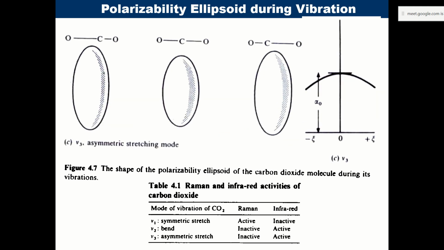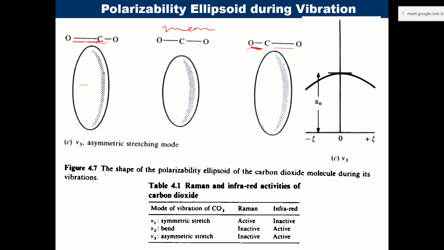The third one is the asymmetric stretching. Again, this is the mean position. Then you stretch it along this direction; the bond length increases, while the other one is getting compressed. So overall, the polarizability change is represented by this ellipsoid on the left hand side. Then when the reverse happens, the bond which was elongated is now getting compressed, and the other side is getting elongated.